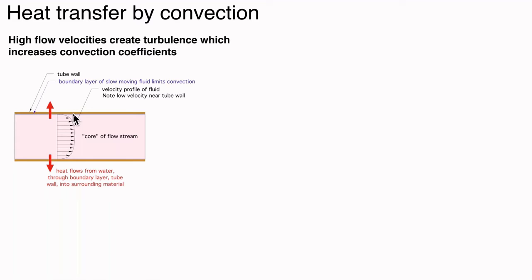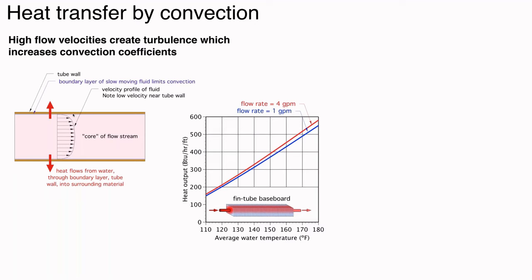So if we're trying to create heat transfer, we want to minimize the resistive effect of the boundary layer. We do that by creating turbulent flow. Turbulent flow reduces the boundary layer thickness. Laminar flow increases it.